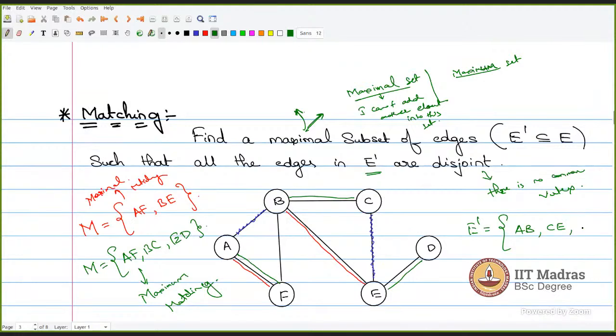No. Now I cannot add any more. So this is the maximal number of edges I can add into this E prime. So this E prime is nothing but the matching here.